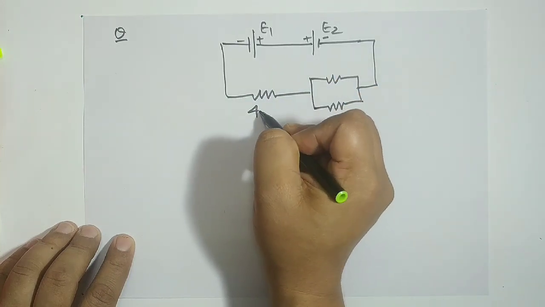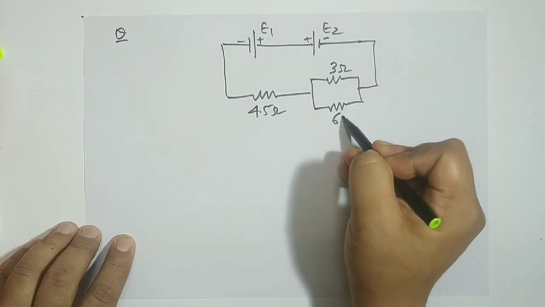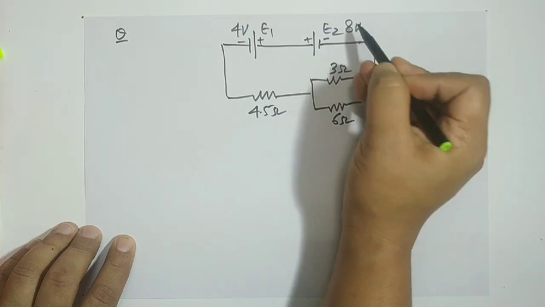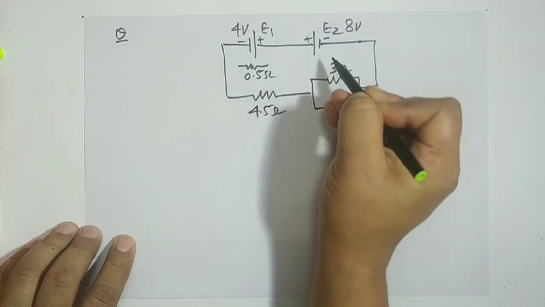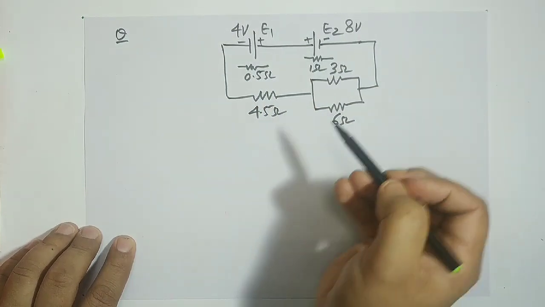This is of 4.5 ohm, this is of 3 ohm, this is of 6 ohm, this is of 4 volt, this is of 8 volt, and its internal resistance is 0.5 ohm, and the other internal resistance is 1 ohm.